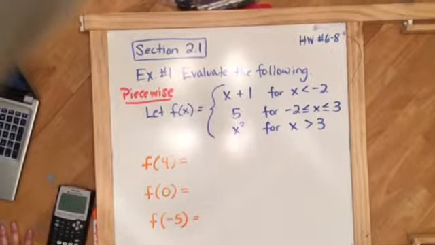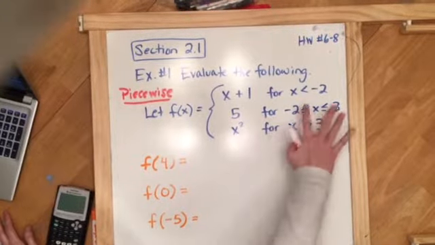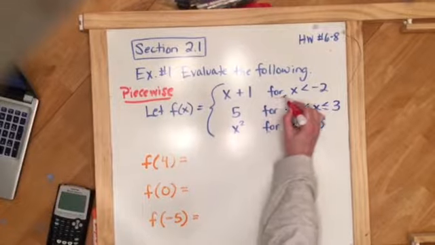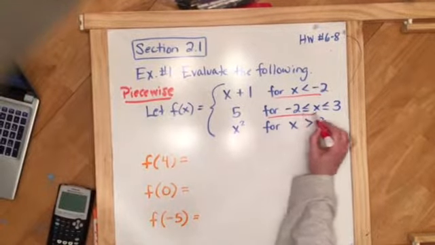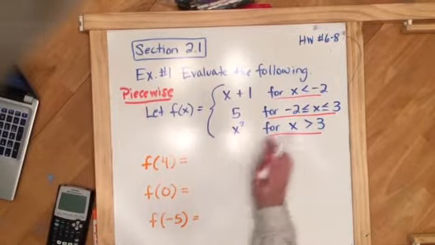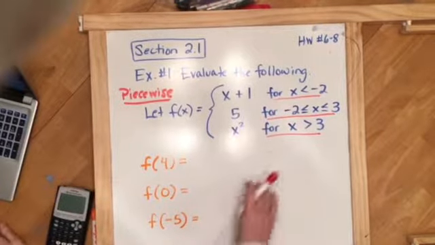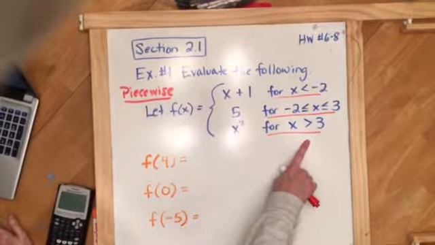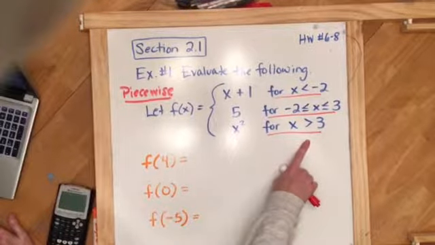When you have one function that has multiple pieces, this part of the function is very important because it's telling you where the piece fits on a coordinate plane and what the particular domain is for each piece.